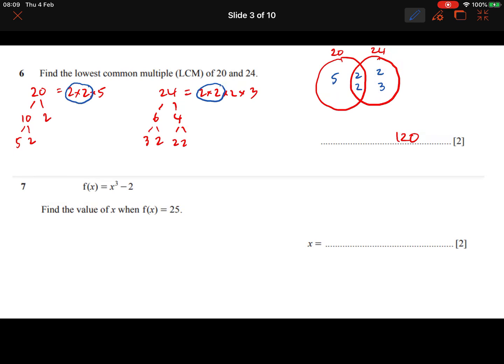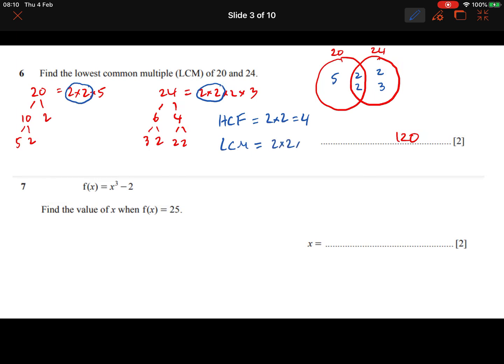Okay? Now once you've got the Venn diagram done correctly, the highest common factor, which is what a lot of you tried to find out for no reason whatsoever, because it doesn't ask you to, is the numbers in the middle multiplied together. So 2 times 2 equals 4. The lowest common multiple is all the numbers that you can see multiplied together.